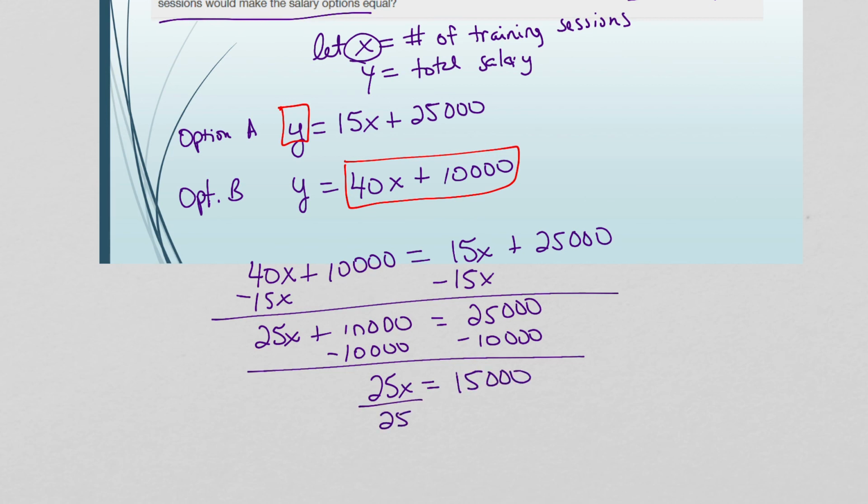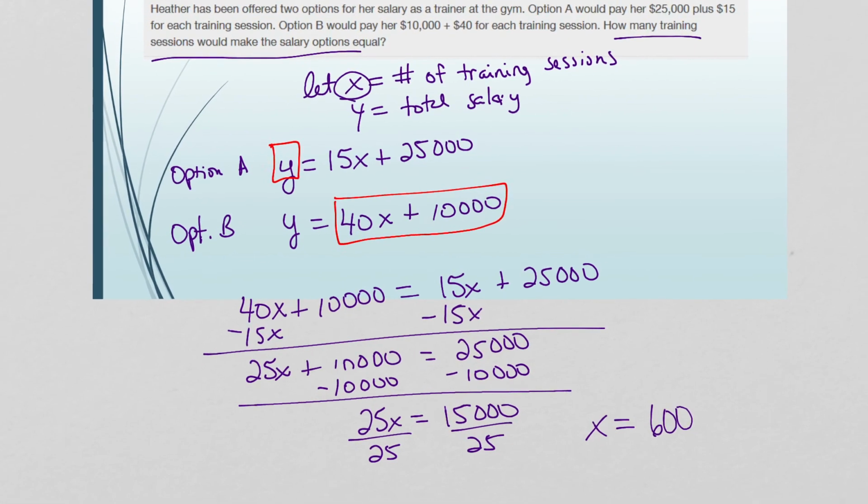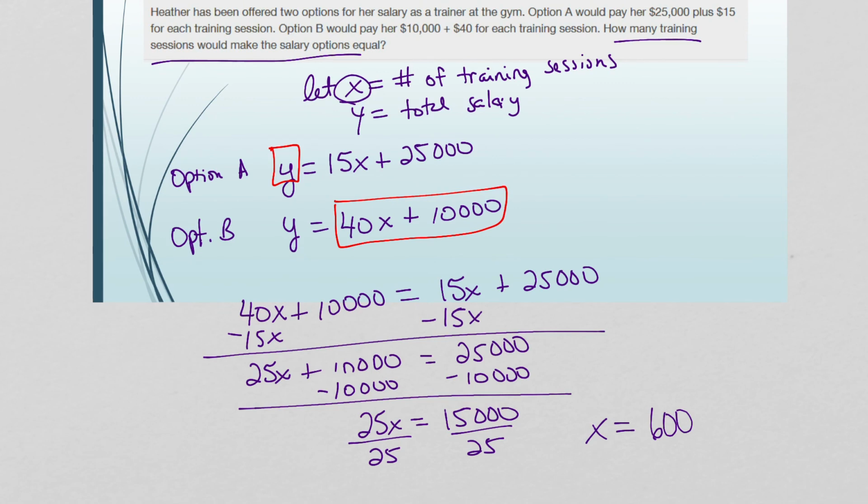Divide by 25. 15,000 divided by 25 is 600. Whew! She would have to do 600 training sessions for these salaries to be equal to each other.